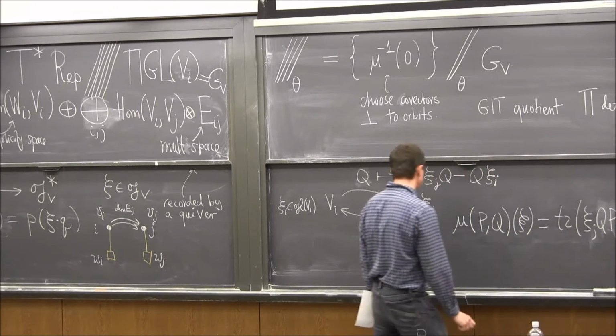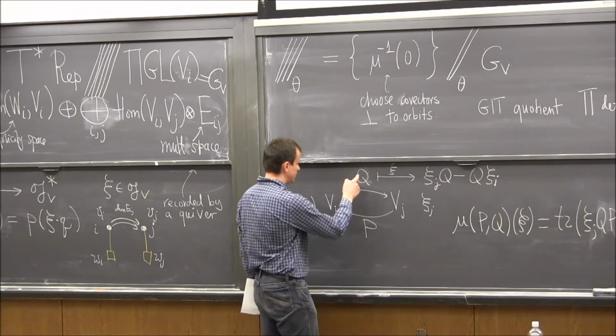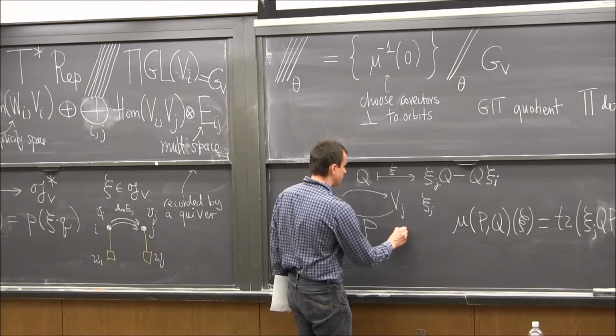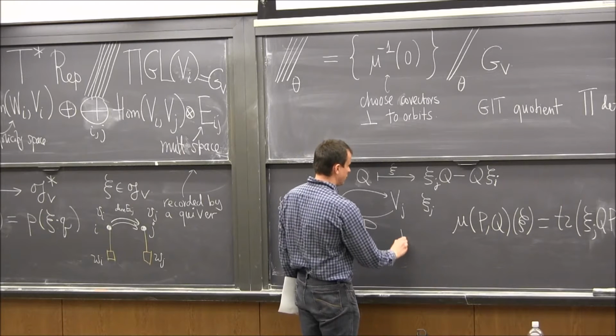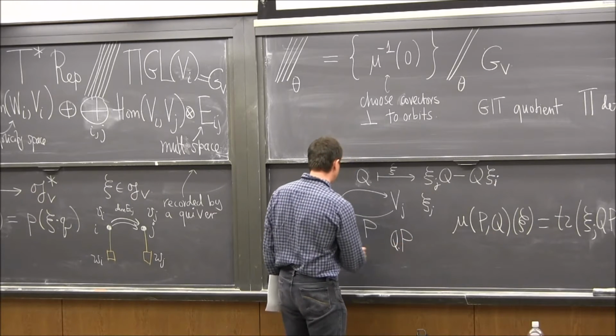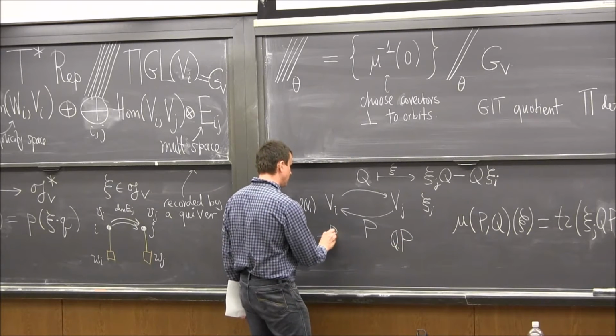And so you see that this moment map takes this pair, in this space it goes to QP, and here it goes to minus PQ.